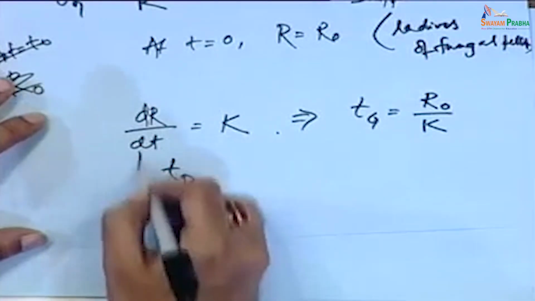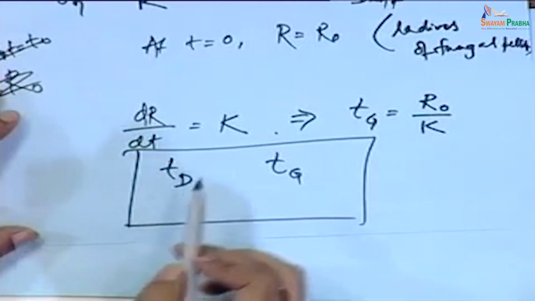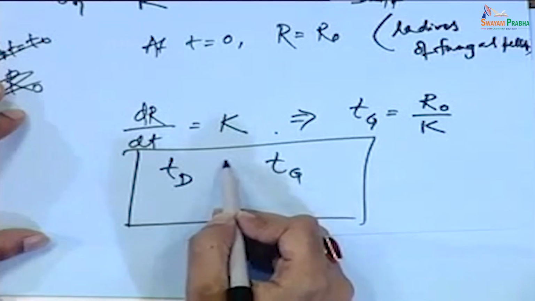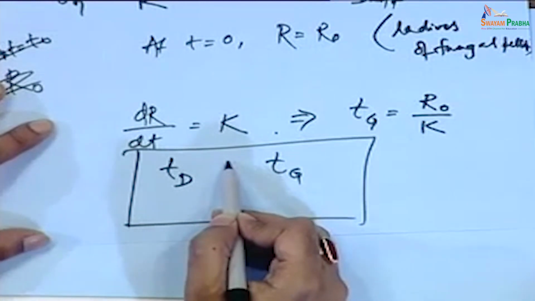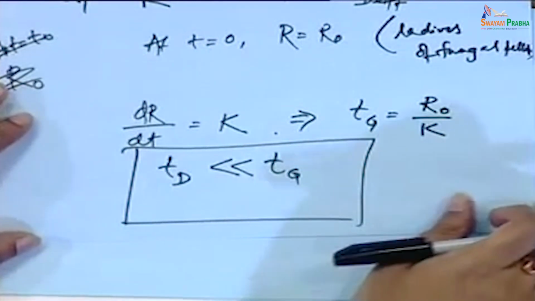So what is the relation between the diffusion time scale Td and the growth time scale Tg? Td should be much smaller than Tg.